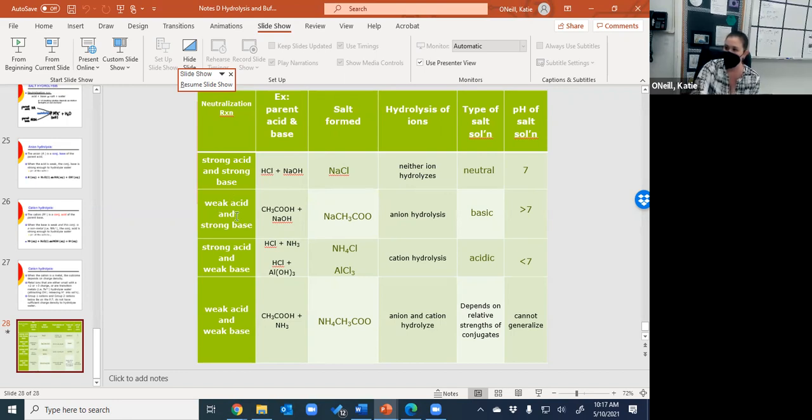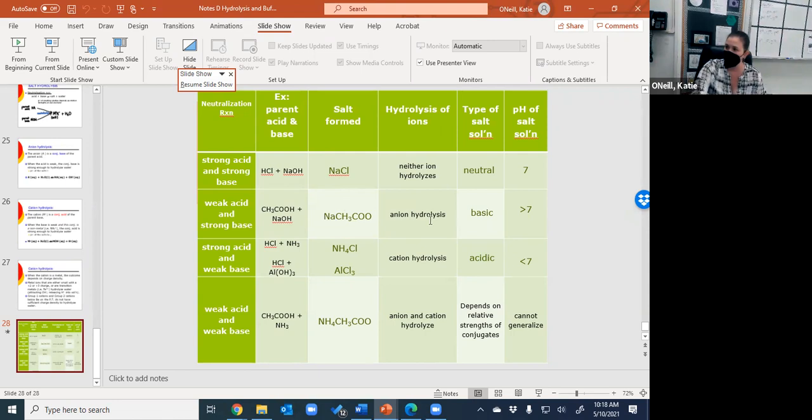Then we have weak acid and strong base. So go to the example here with acetic acid and sodium hydroxide. So the acetic acid is then going to form the acetate ion, which will then bond with sodium. So we've got weak acid and salt of strong alkali, which would be a buffer too.